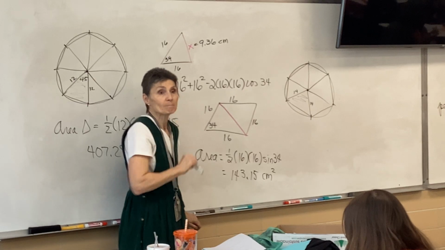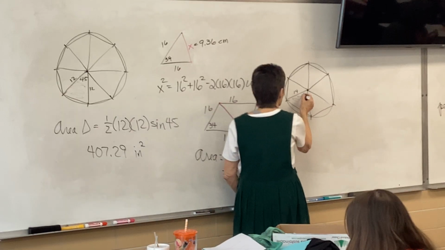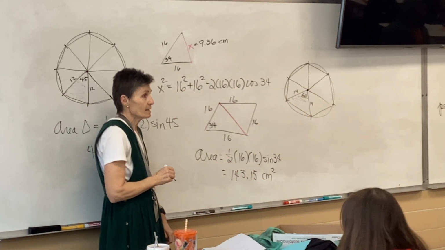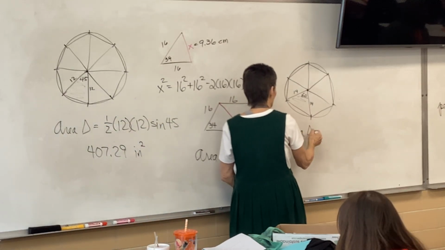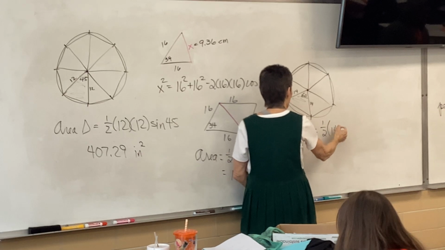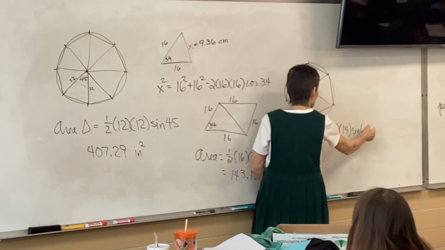Yep. And 360 divided by 6 is 60. So that central angle there is 60. So the area of the triangle is 1/2 side times side times sine.